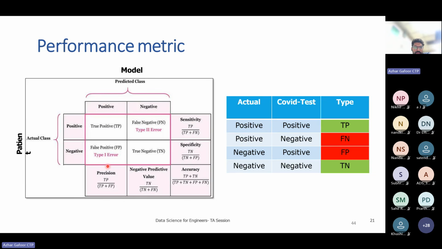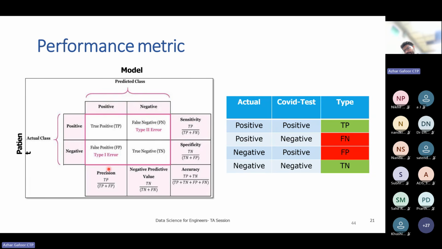Usually, whenever we have a negative and the result is positive, we go for a second test or second opinion. But if a positive patient is given a negative, we wait at least 1 or 2 days before going for another test.